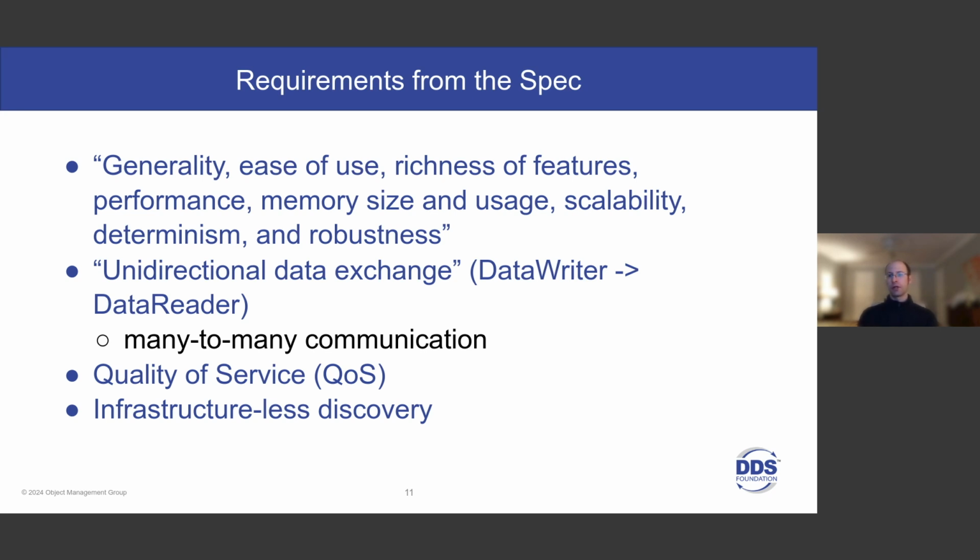And then finally, they wanted infrastructureless discovery. So as people were, again, buying these systems, integrating them together, they didn't want to have to set up a third party to handle the discovery aspect. Instead, they just wanted the peers to conduct discovery among themselves. So they devised a discovery protocol that doesn't require any additional infrastructure to be set up.